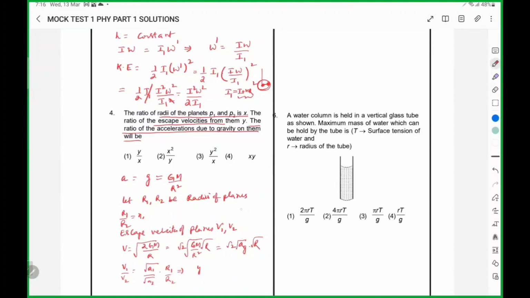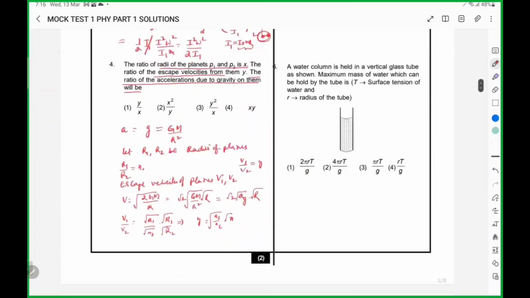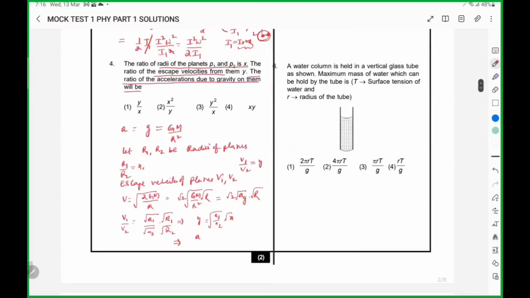Ratio of escape velocities is given as y, and ratio of radii is given as x, which implies a1 by a2 is y square by x.